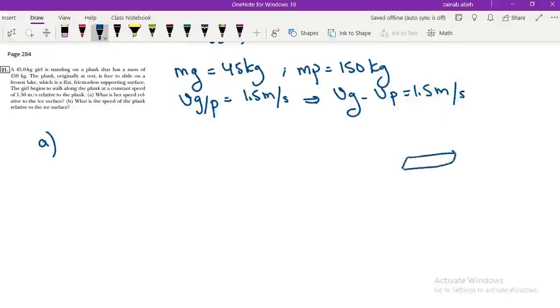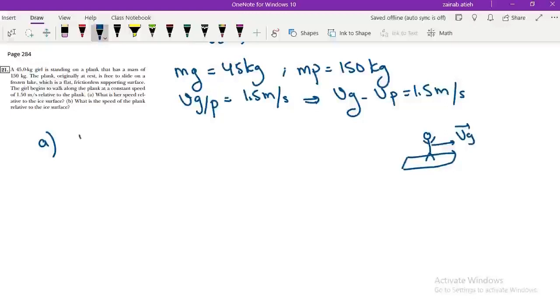This is the plank. The plank is found on a frozen lake. There is no friction. Initially, both of them were at rest. So the girl starts moving with a velocity, let me call it Vg. When the girl moves with a velocity Vg, the plank will also move because we have conservation of linear momentum.